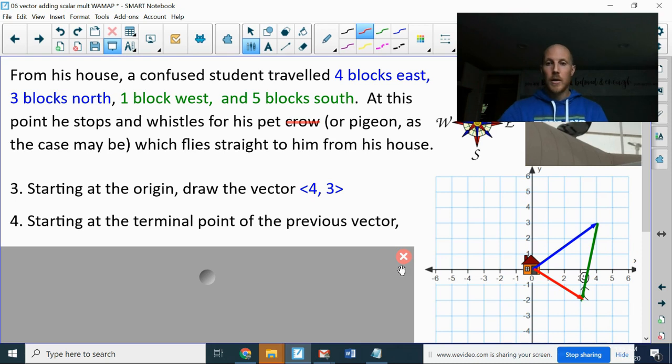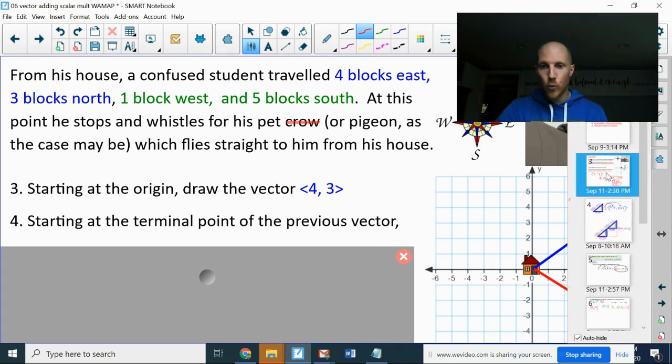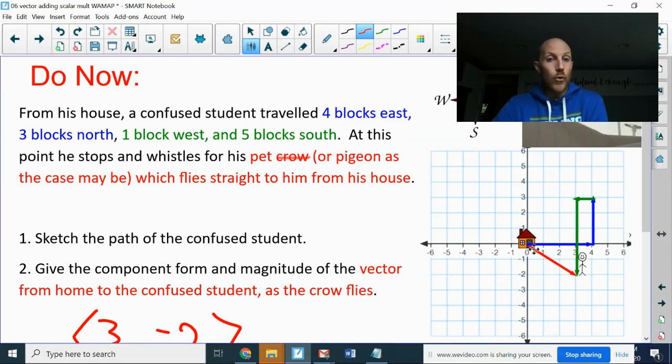Whether we draw diagonal vectors or like we did in the original problem, we drew just the components, right? 4 blocks to the right was the x component, 3 blocks up is the y component, and the -1 is the x component of the next, and -5 was the y component of that next motion.